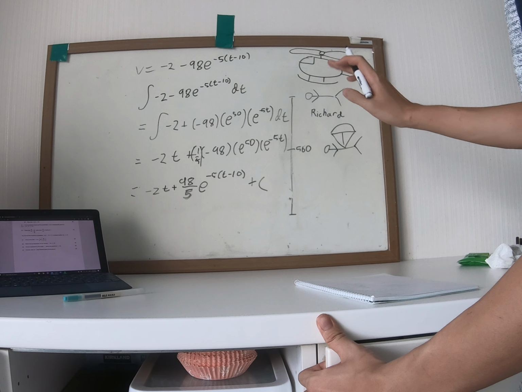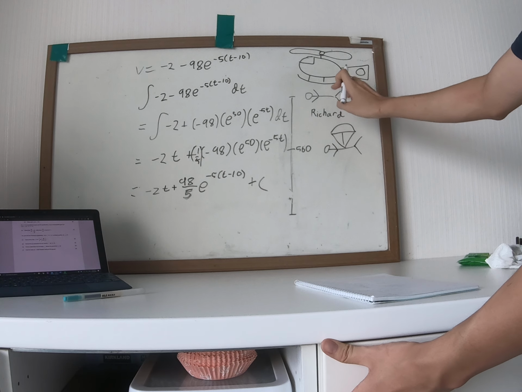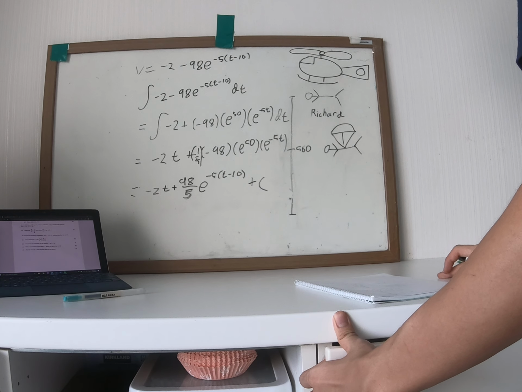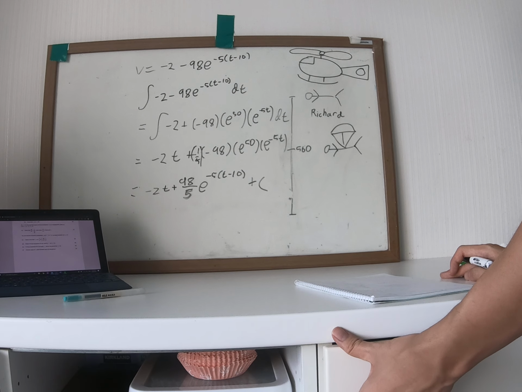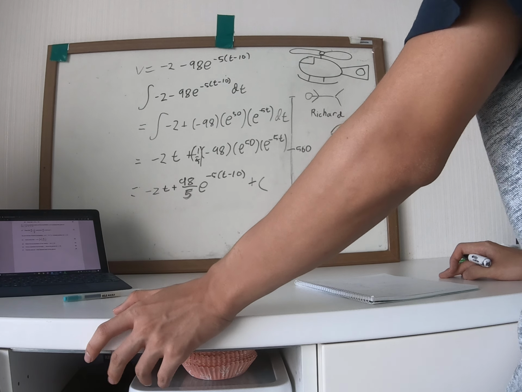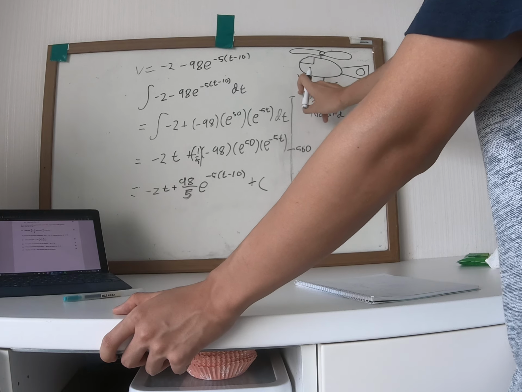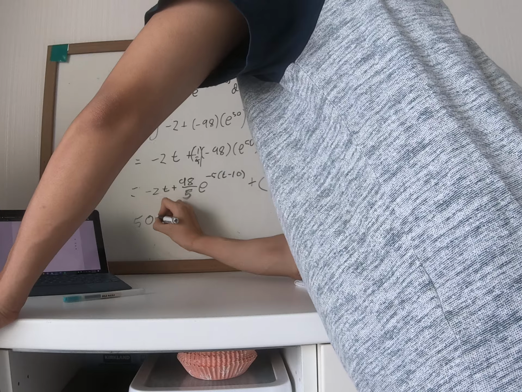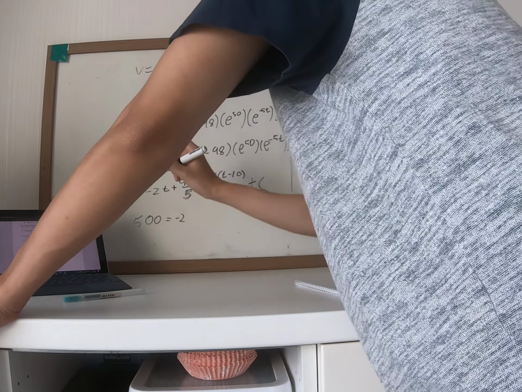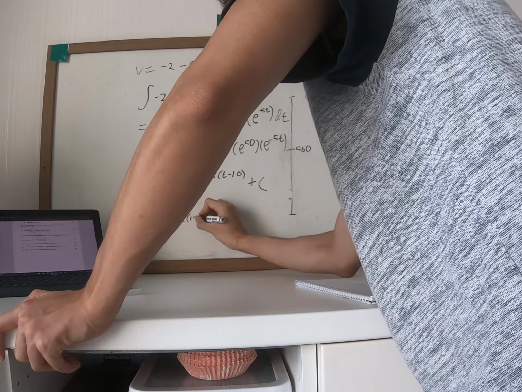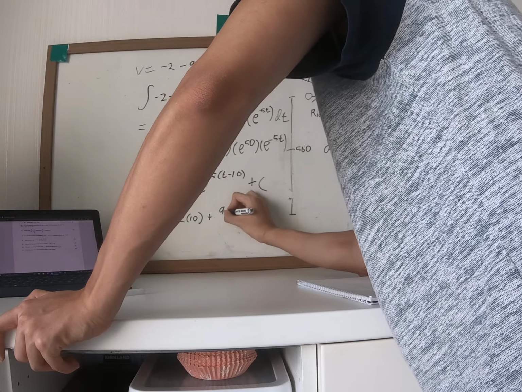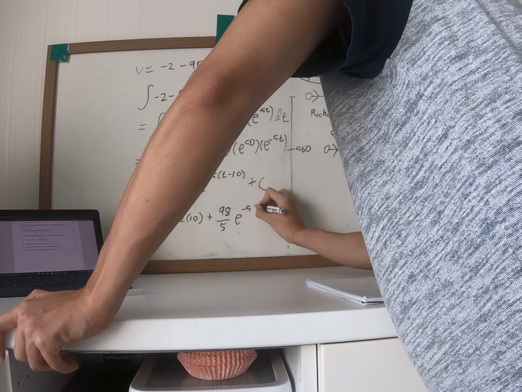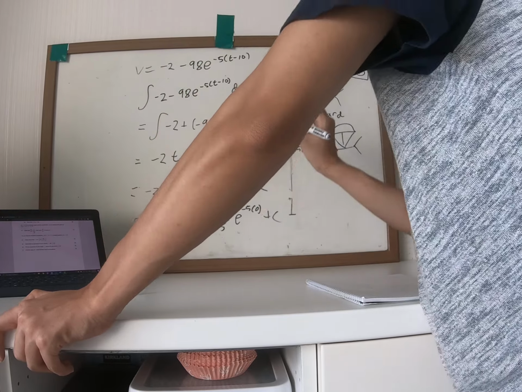Previously we were given that after 10 seconds of Richard's fall, he has already arrived 500 meters. So using that, we can just add in the values. Since the displacement is 500 meters from the initial position, we can show that 500 equals -2, the t was 10 seconds, 10 plus 98/5 e^(-5 times 0) plus c.